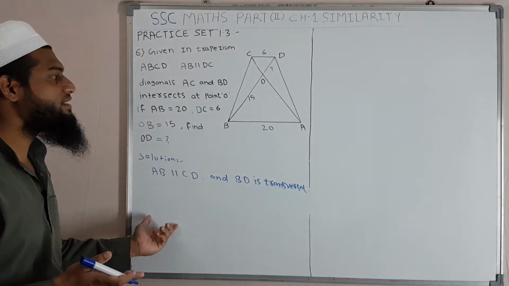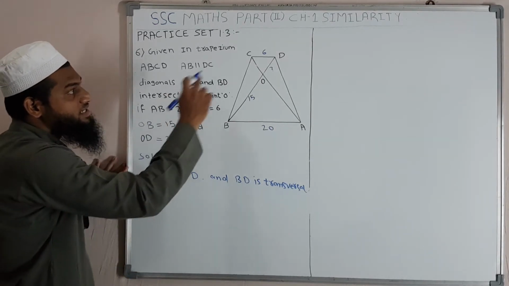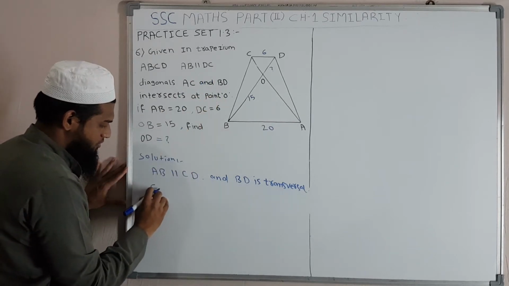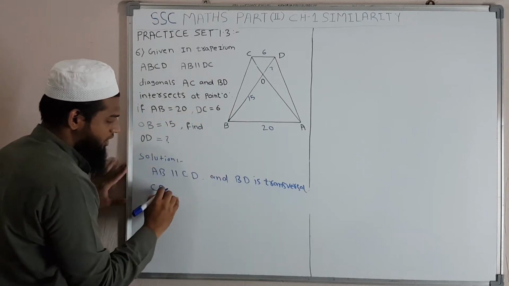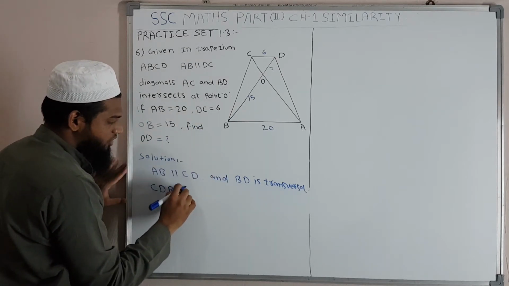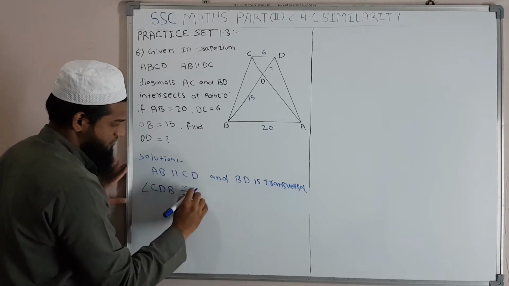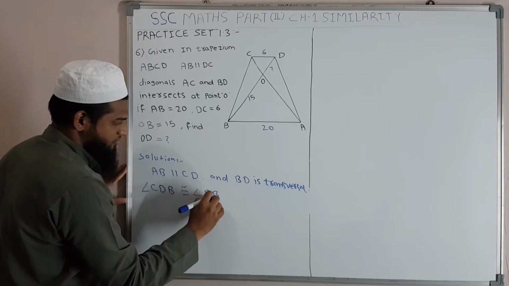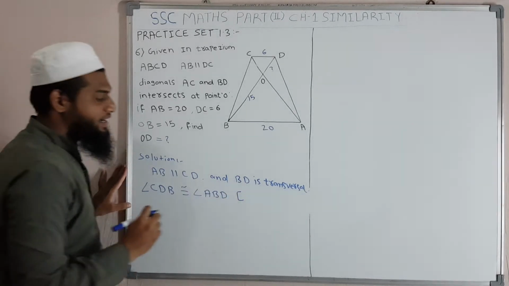So we can write here alternate angles: angle CDB is congruent to angle ABD. The reason is alternate angles.